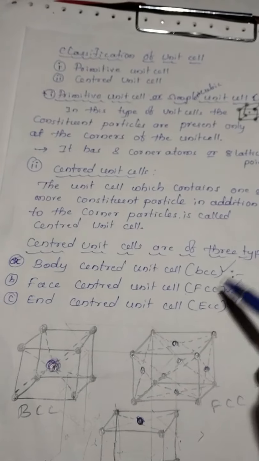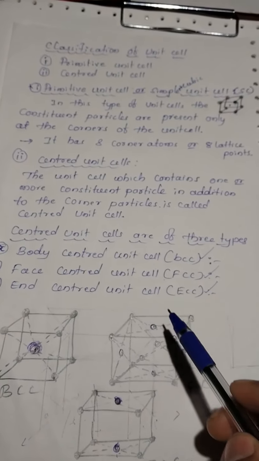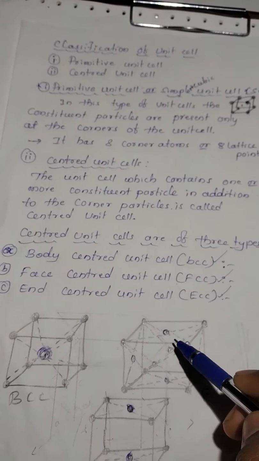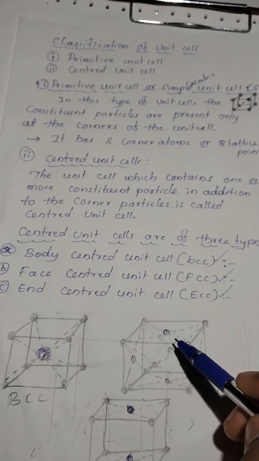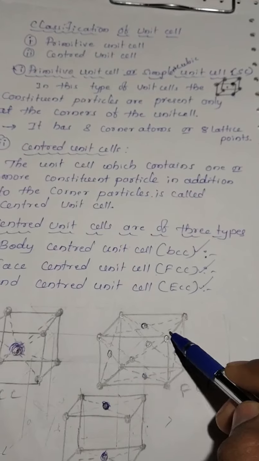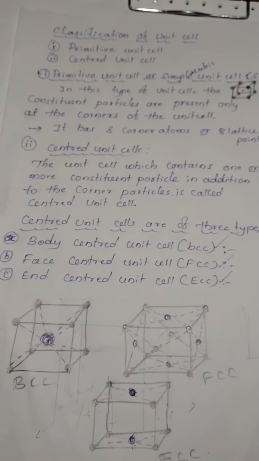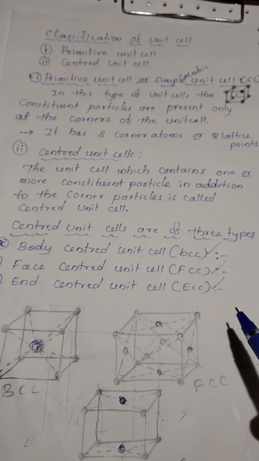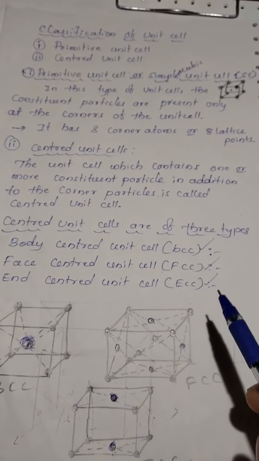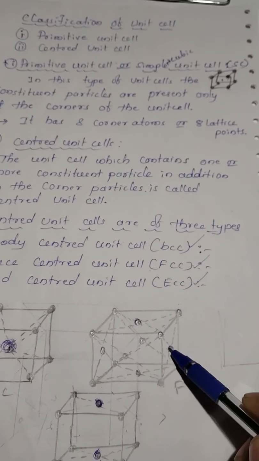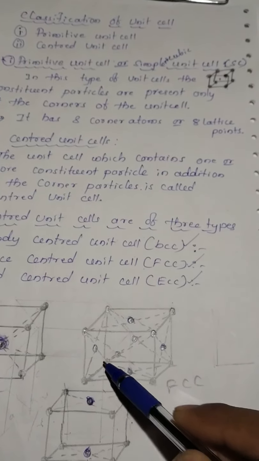Then what about face centered unit cell? See here, in this type of centered unit cell, in addition to the particles at the corners, there is one at the center of each face.